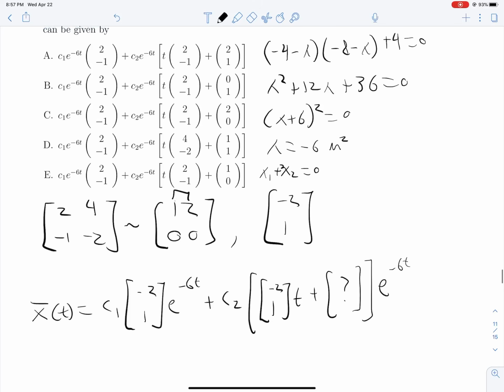And that generalized eigenvector will come from solving A minus lambda I set equal to our first eigenvector. So 2, 4, -2, -1, -2, 1. We can use our first row to set our second row equal to 0.